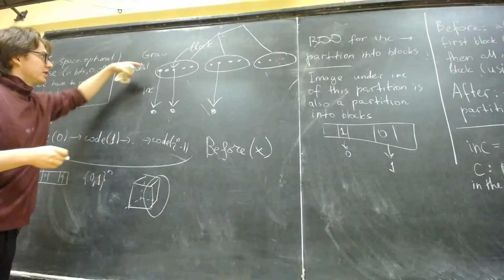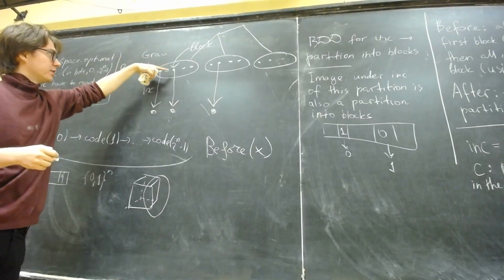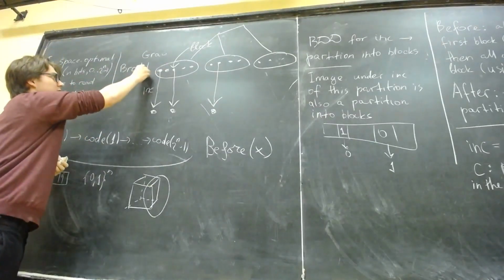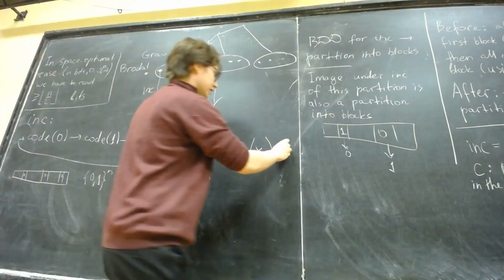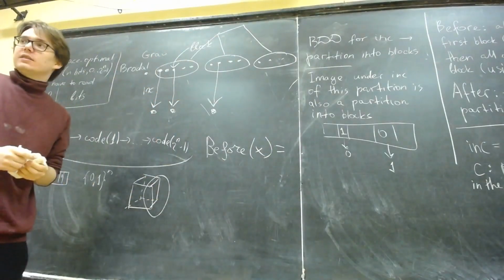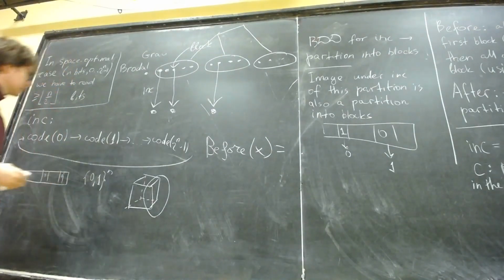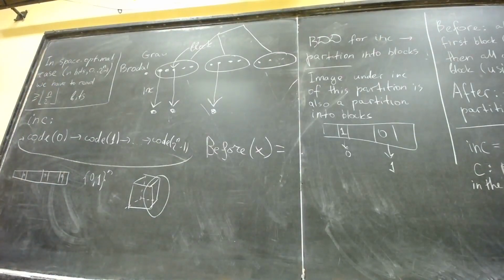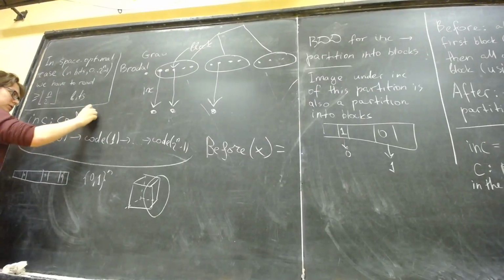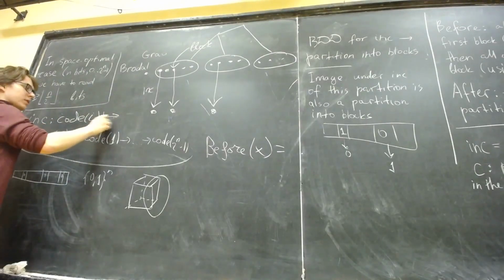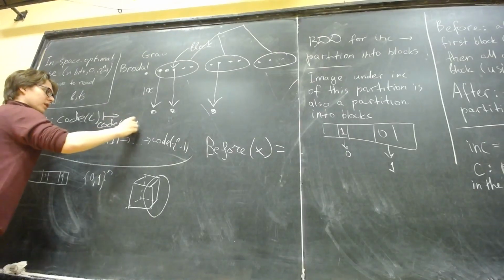You look here and you take the x string. Each point represents a string, and inc is the next string in the alphabetical order, right? No. Inc is defined as follows: inc maps the code of i into the code of i plus 1.